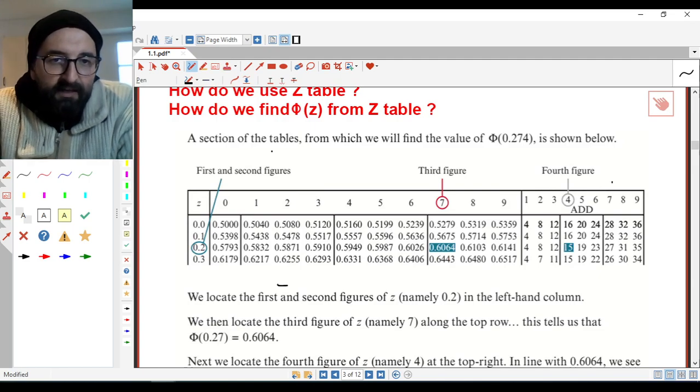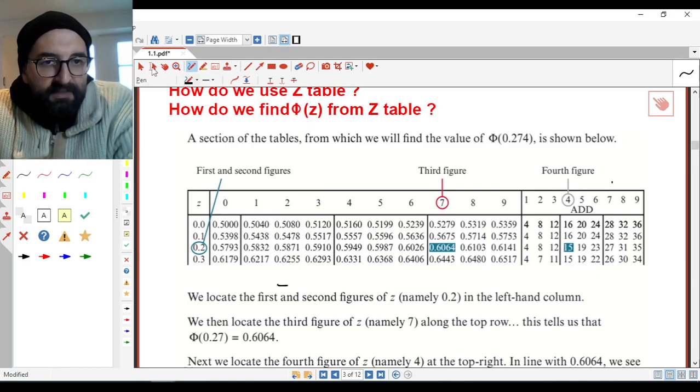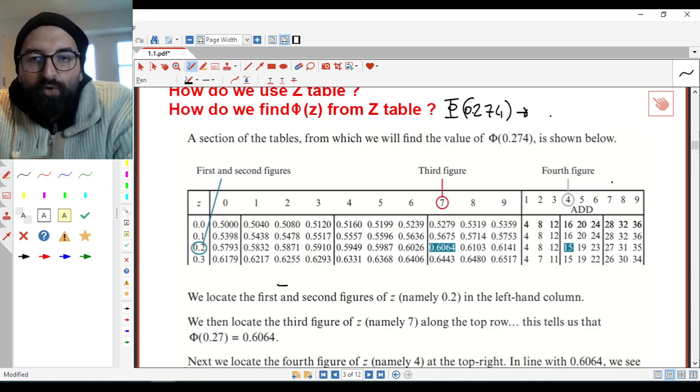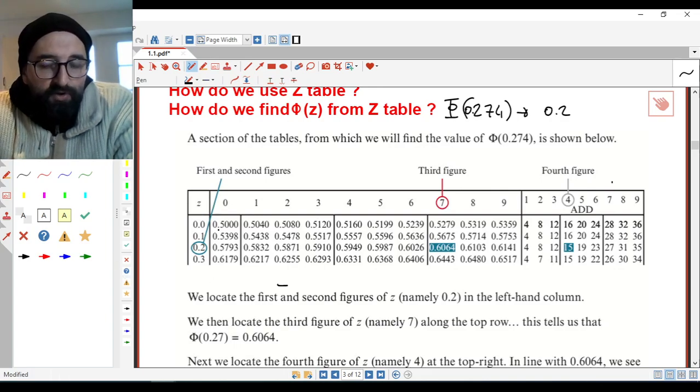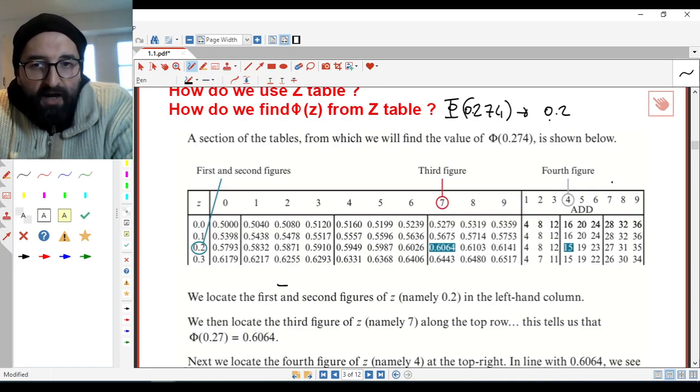You can see this table. If you want to find, for example, phi(0.274), firstly you have to find 0.2 in this z table. As you see, the z table has some columns and some rows. Firstly, in the first column you have to find 0.2, and 0.2 is here.